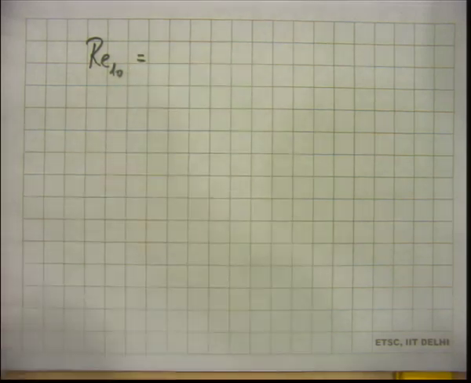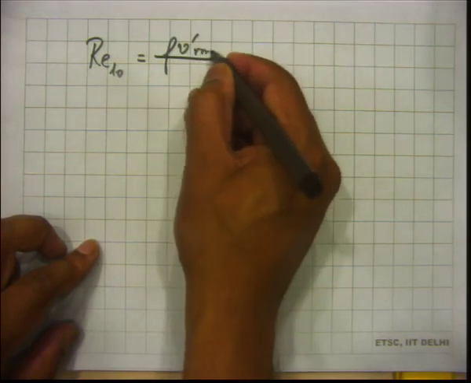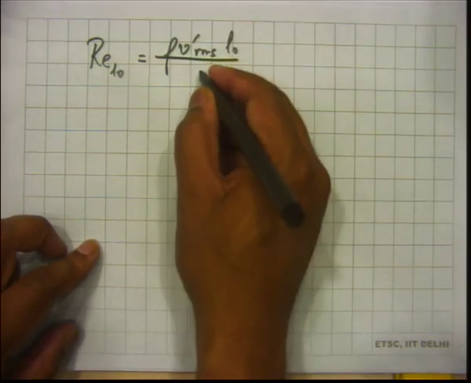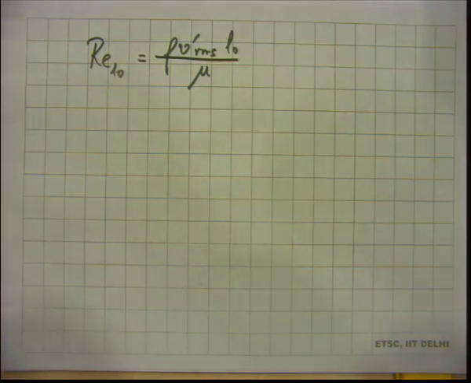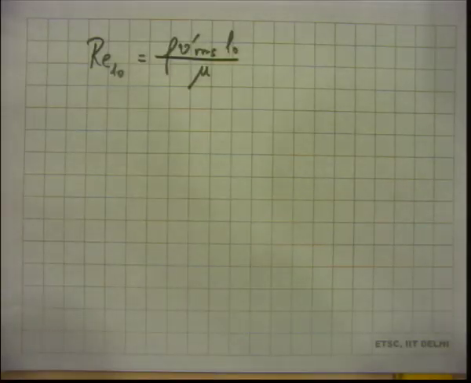Okay. So that is rho times v prime RMS L0 divided by mu. Okay. So this quantity can be calculated. So what is the name for this? Have we seen this before? This quantity Re_L0.